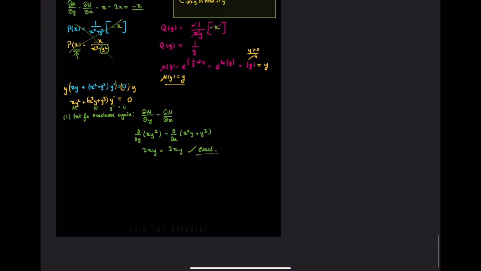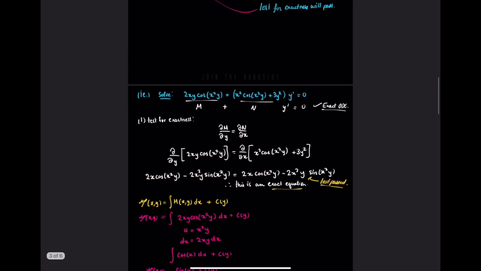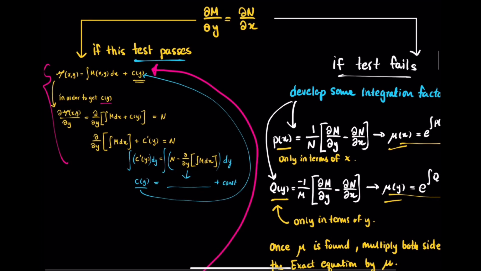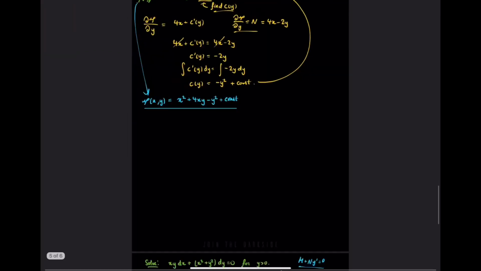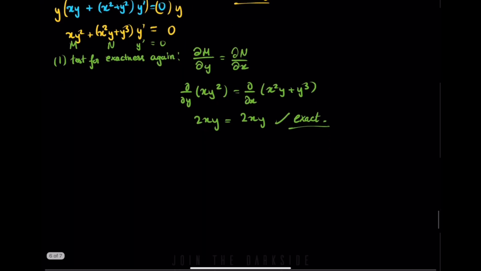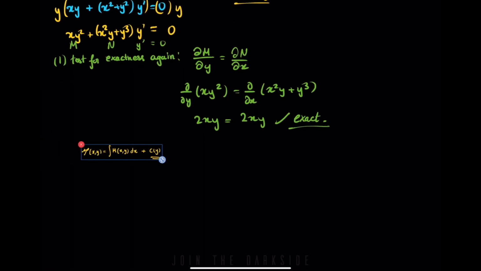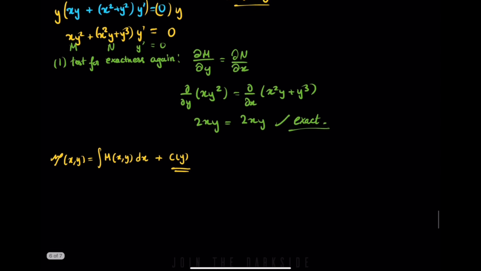Excellent. So that means if we go back to our flow chart, the test has passed, and we are now in this stage where we have to find psi, and psi is the solution, if you will, right? So psi is what we're trying to find.